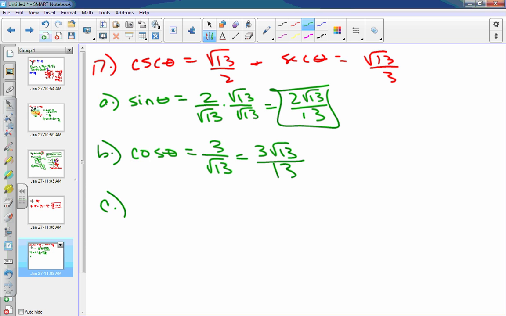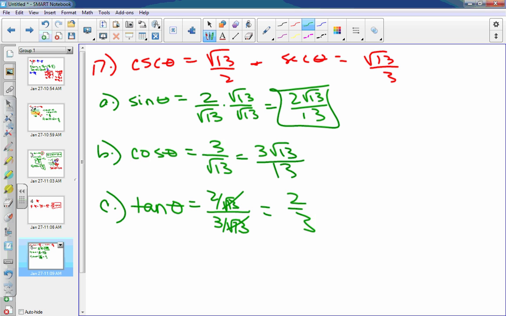And C is going to be using the tangent. Well, how do I find the tangent? That's 2 square roots of 13 divided by 3 square roots of 13. Those cancel out to give you the 2/3. I don't have to use an identity. I know that, don't I? Sine over cosine. That's what tangent is, sine over cosine.